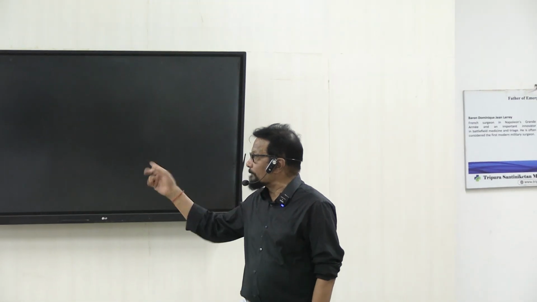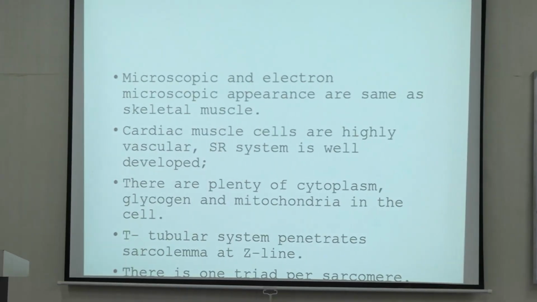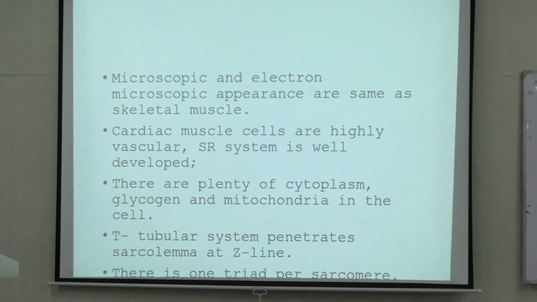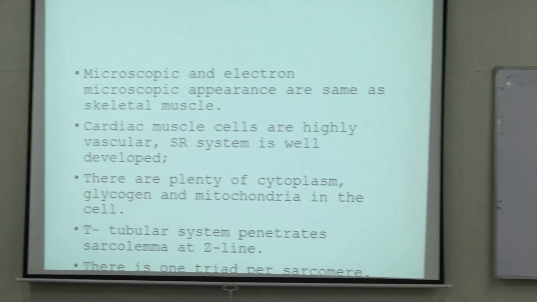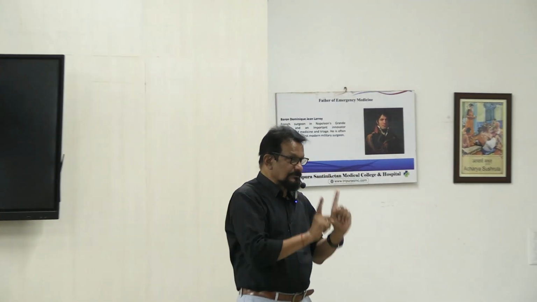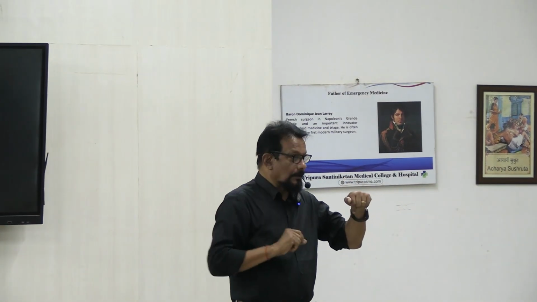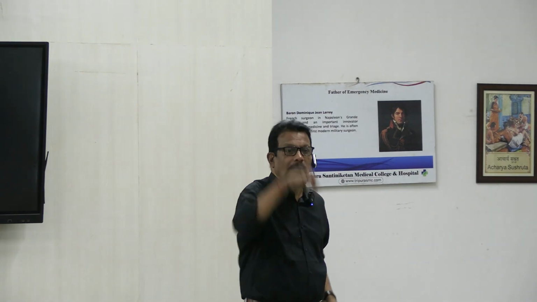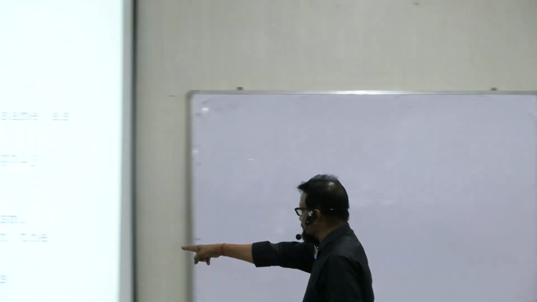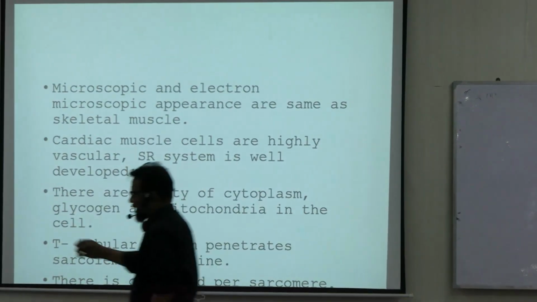There is plenty of cytoplasm, glycogen and mitochondria in the cells. The T-tubular system penetrates the sarcolemma at the Z-line. In skeletal muscle, you get two T-tubules in one sarcomere. But in cardiac muscle cells, you get one T-tubule per sarcomere. So there is one triad per sarcomere.